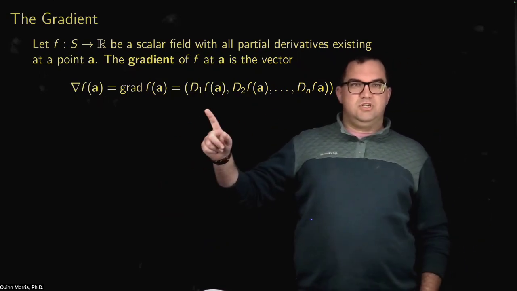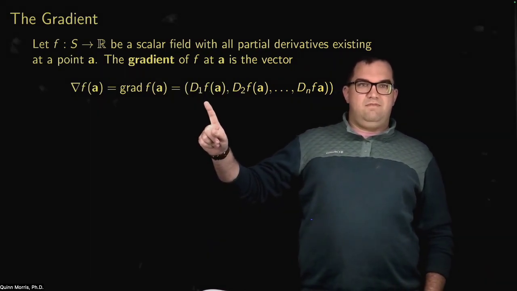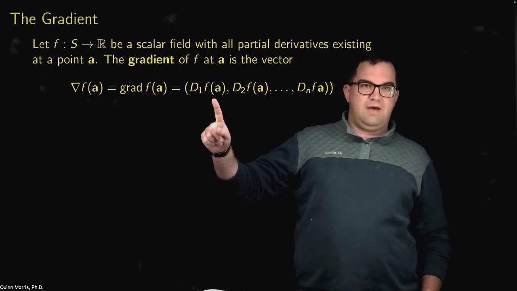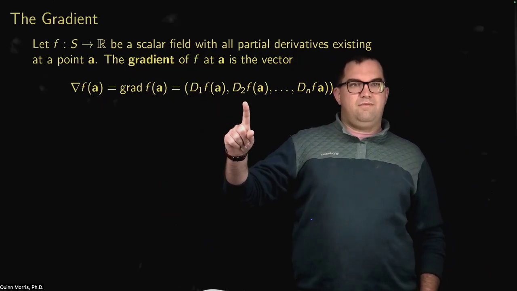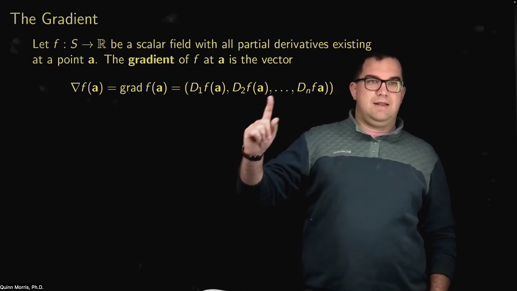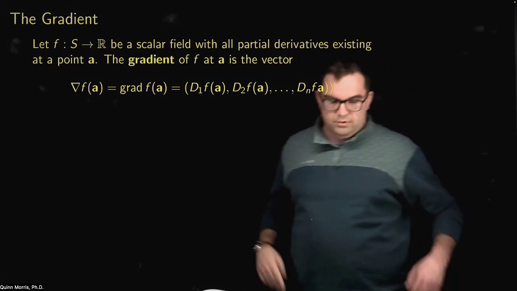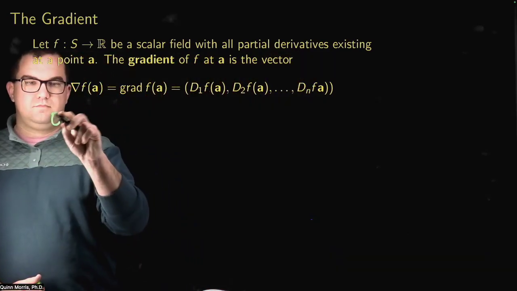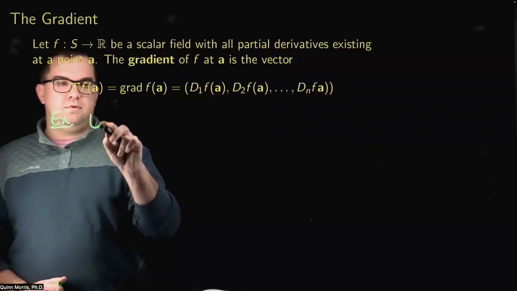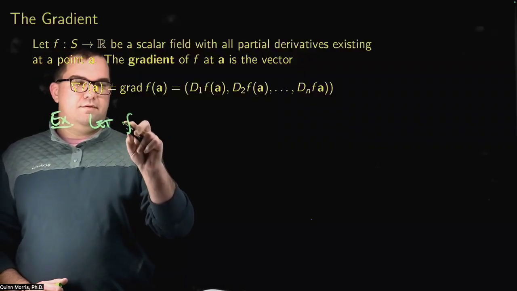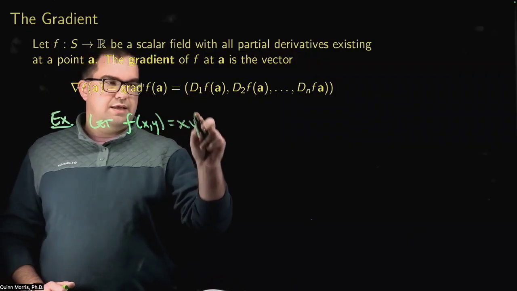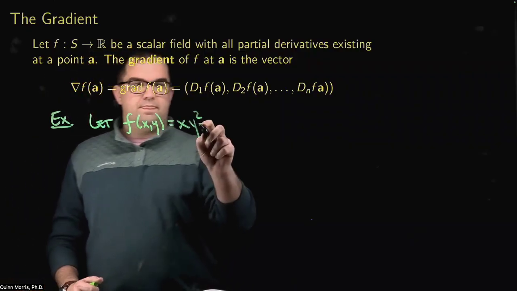But by definition, you take the partial derivative of F with respect to the first variable evaluated at A, take the partial derivative of F with respect to the second variable evaluated at A, and so on and so on. So just as a quick example and reminder, let F of x, y equal, say, x y squared.